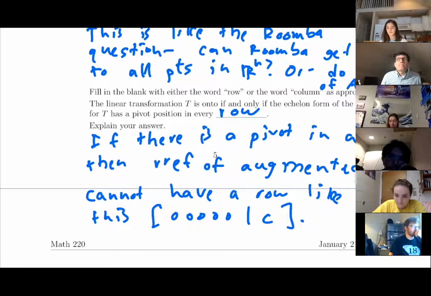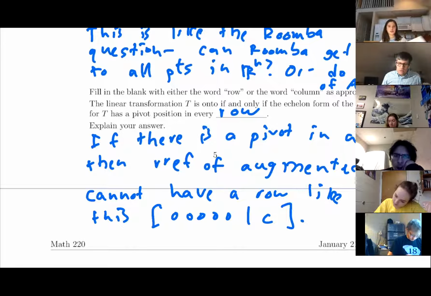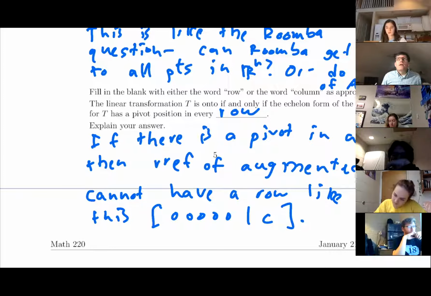Does that make sense? Because if it has a pivot in that row, then I'm not going to get all those zeros. I'm going to get 0, 0, 0, 0, 0, 1. And as soon as I get that 1, then I know I can solve it. Any questions? So do we feel okay with this?